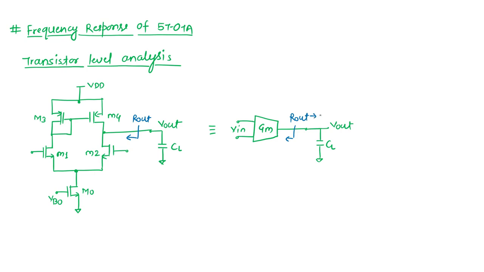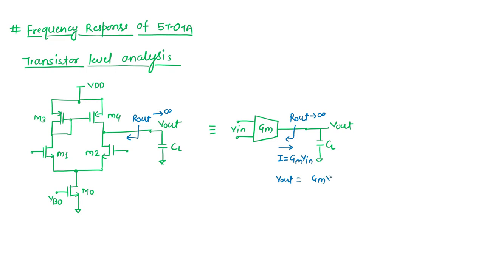if the cell is ideal, this GM cell is ideal, then what should be the transfer function actually? Okay, so we are seeing that there is a current generation which is nothing but I is equal to GM V in. Okay, so from here, what was the voltage? This current was charging the capacitor.